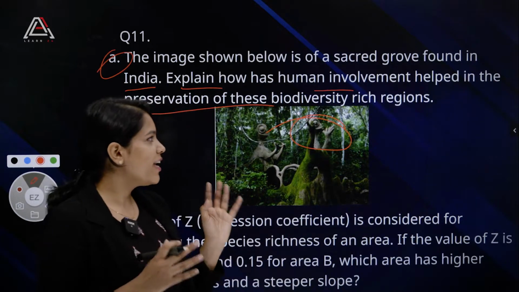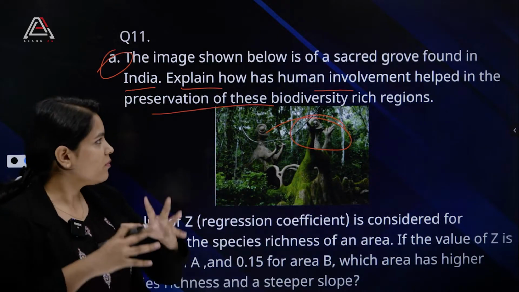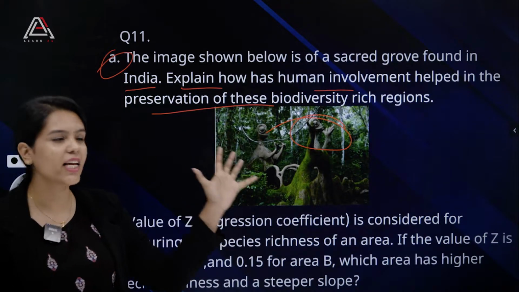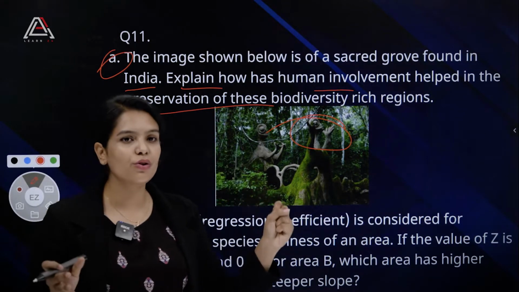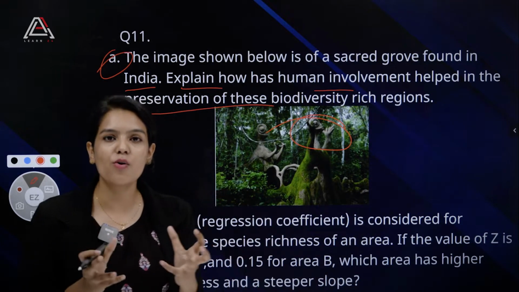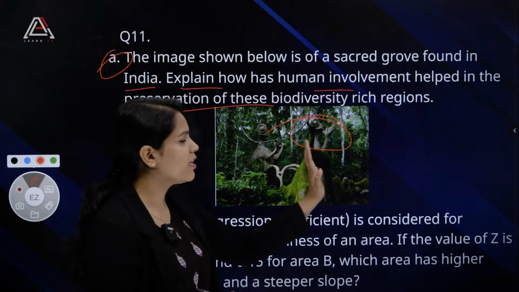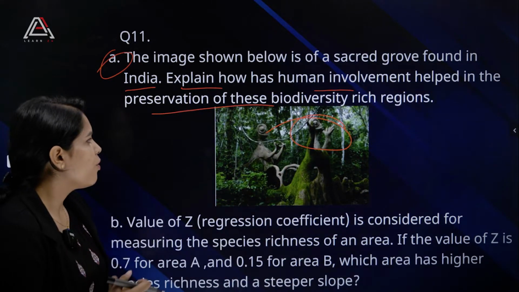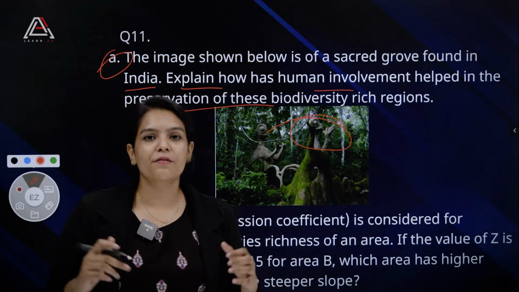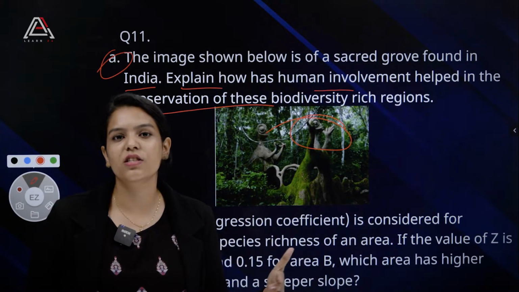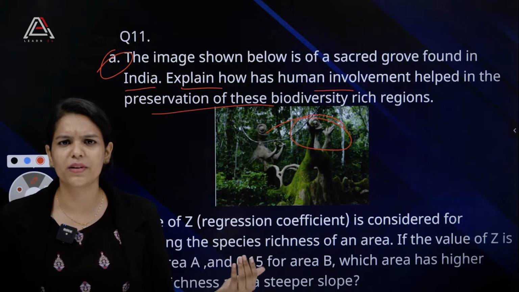region. So they are asking how we humans have helped these sacred groves to be preserved. First of all, when we are talking about India, India is rich in culture and we have various religious beliefs, right?